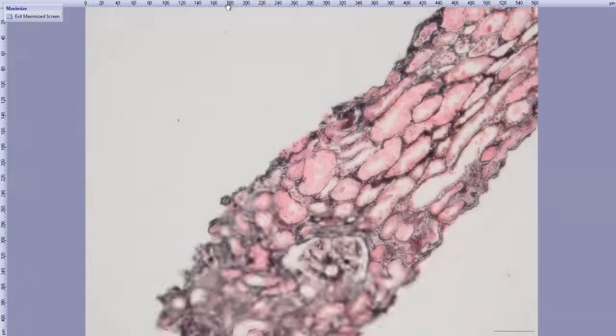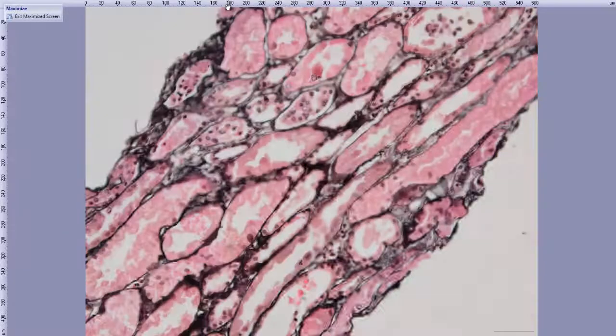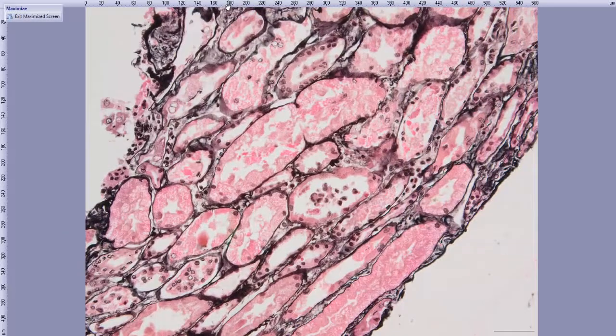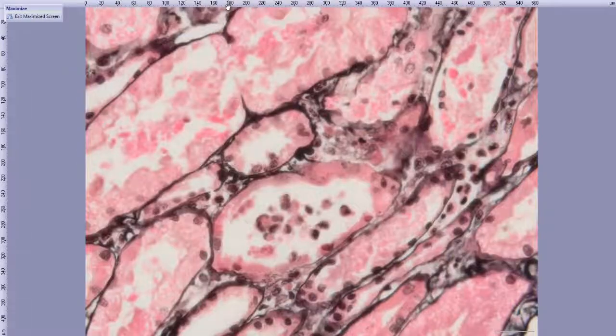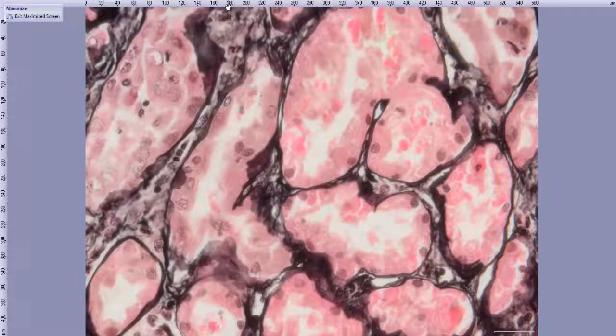The Jones methenamine silver stain highlights these crystals. This is it. When we move closer, you can easily make them out as parts of these granular casts within the lumens, as well as the cytoplasm of the proximal tubular epithelial cells. You can see that there are all kinds of shapes.